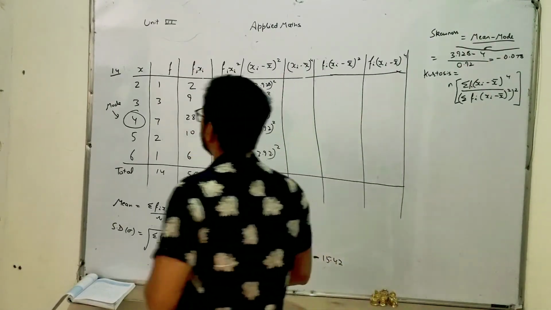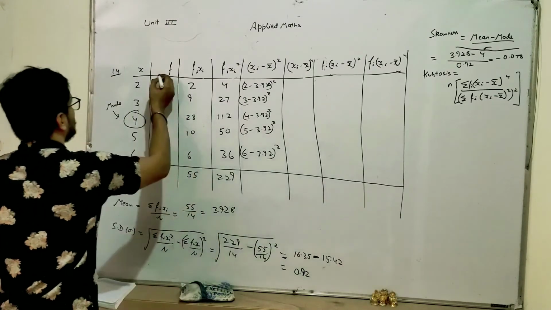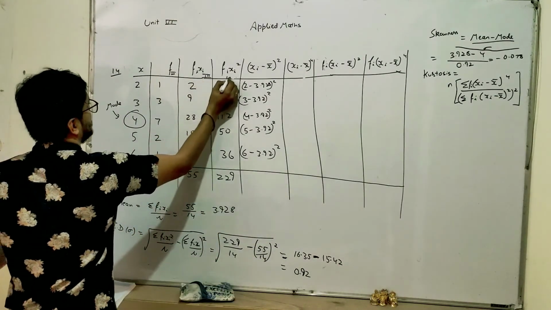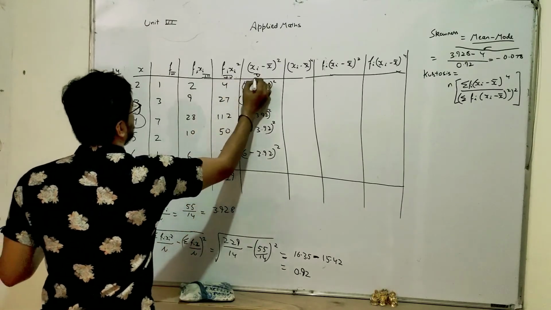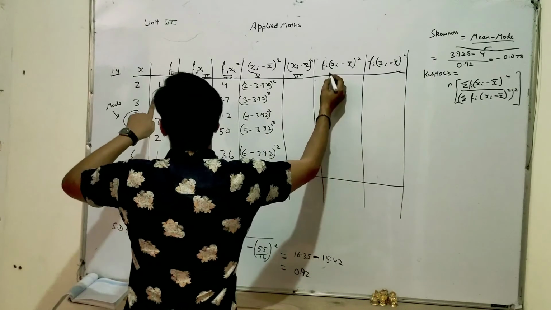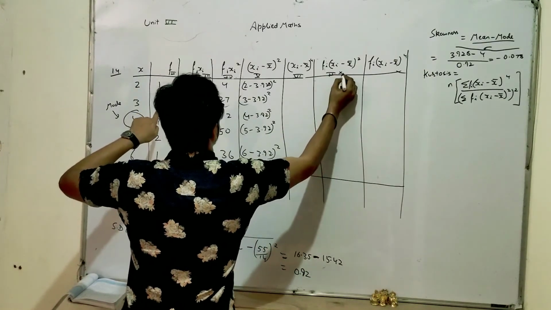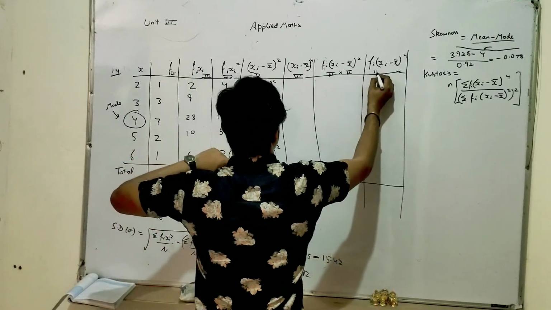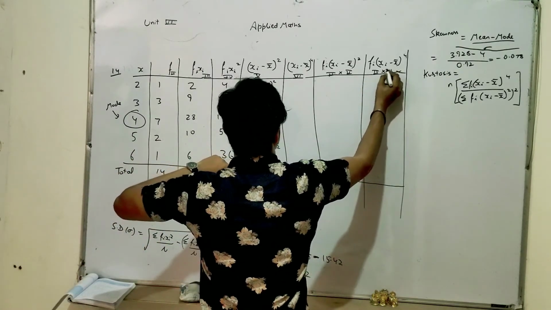Let this be the second column, this the third, this the fourth, this the fifth, this the sixth, right? So this is second multiplied by fifth column, and this is second multiplied by sixth column, right?